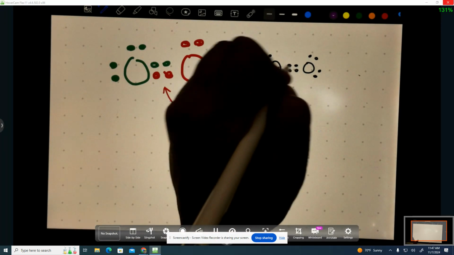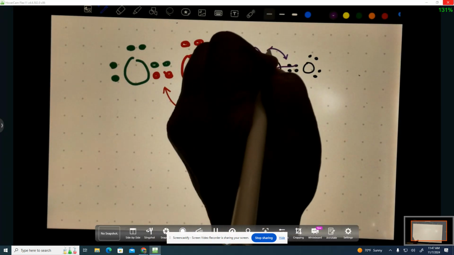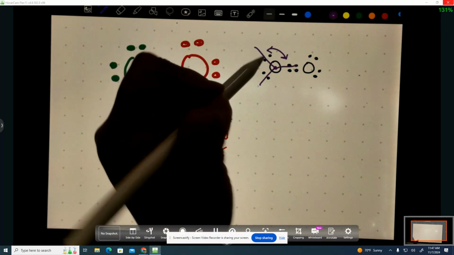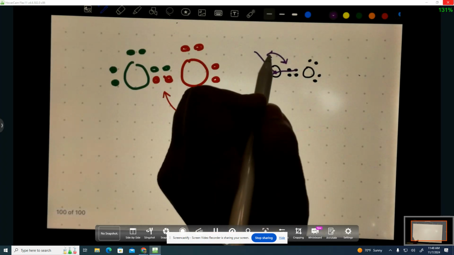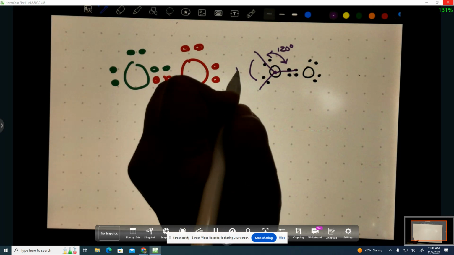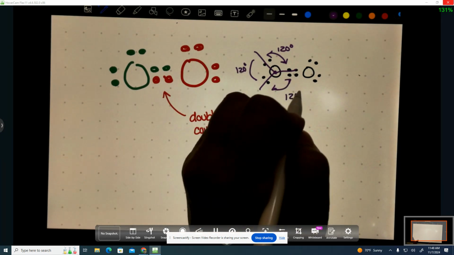If I break this 360 degree circle into 3 equal parts, the angle between this non-bonding pair right here and this bonding pair is going to be 120 degrees. This bond angle is also 120 degrees, and this bond angle is also 120 degrees.